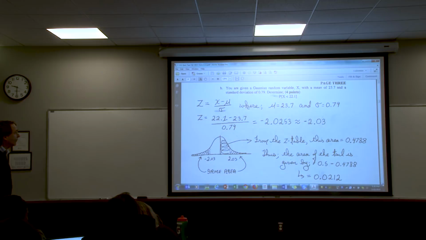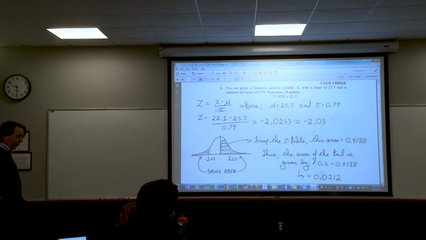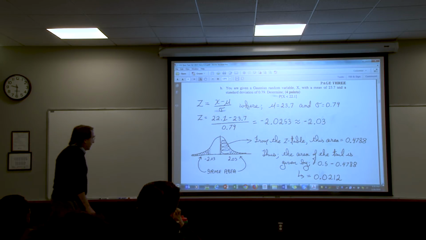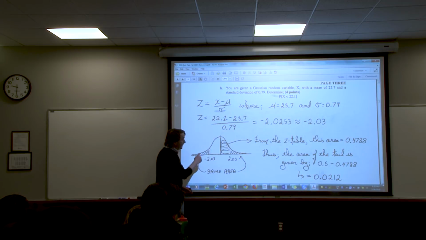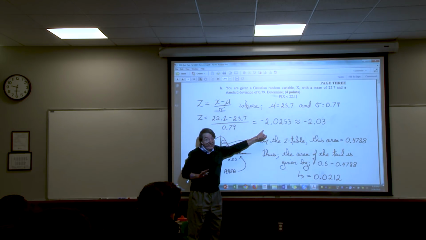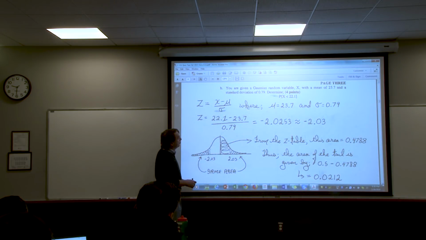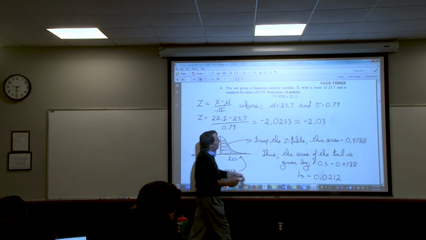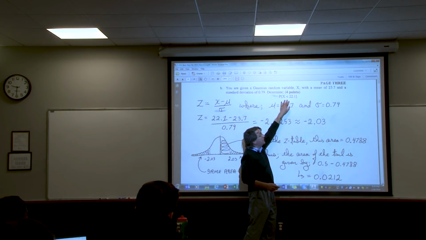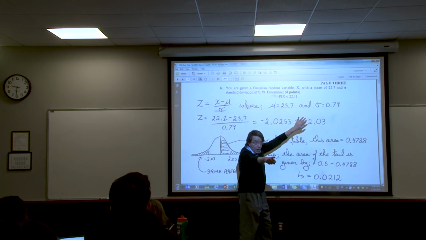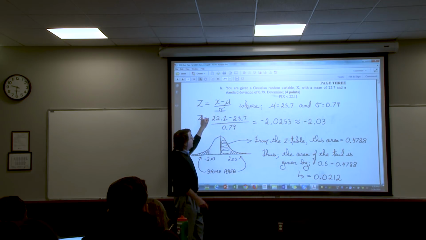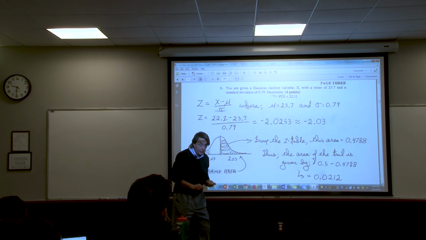Okay. Now, I like to draw to make sure I don't make a mistake, because surprisingly, I think this is an easy one to make a mistake on, even though you understand it. So it's minus 2.03. We want the probability of x being less than 22.1, which is the same as z being less than minus 2.03.